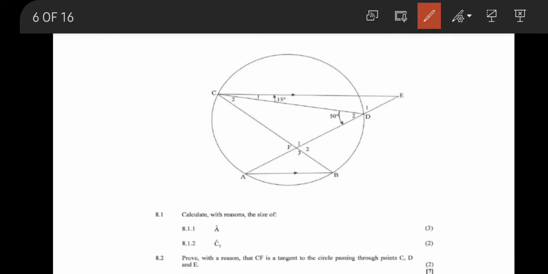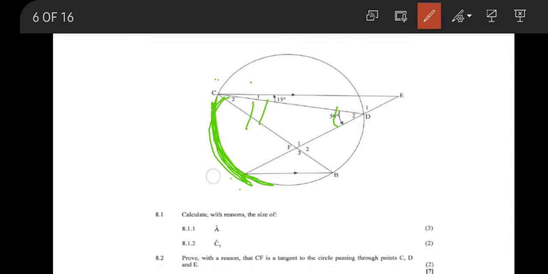Then let's go to C2. C2 is just here, right? But if you check here, there is an angle D2 that we are given here, subtended by the arc CA.